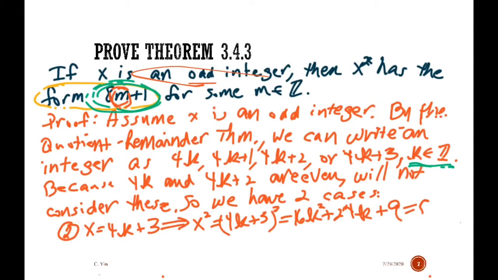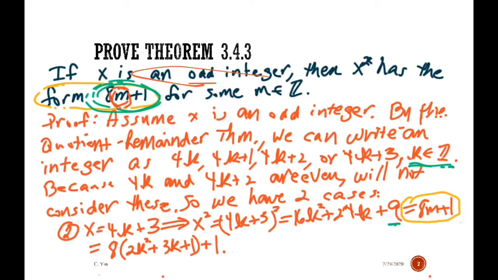I think you can see how to do it, but just as a reminder, this might be on your scratch paper, that we want to aim for that. We can write this by factoring out an 8: 8 times (2k squared plus 3k plus 1) plus 1, because we had a 9 over here, and we needed to get to 8 times something plus 1. And then the same thing works. The closure property tells us that what's in parentheses is an integer.